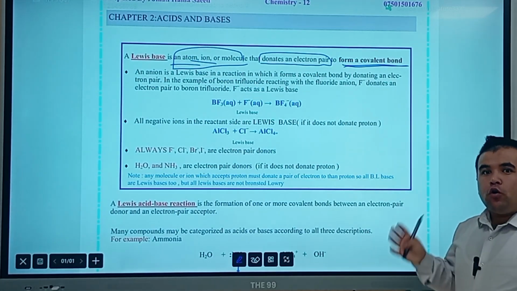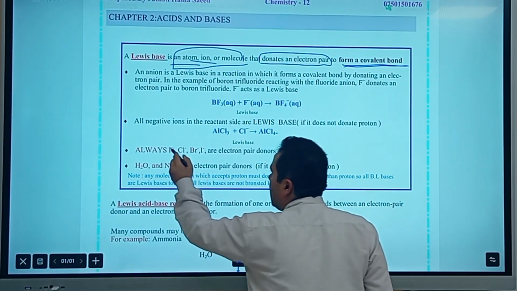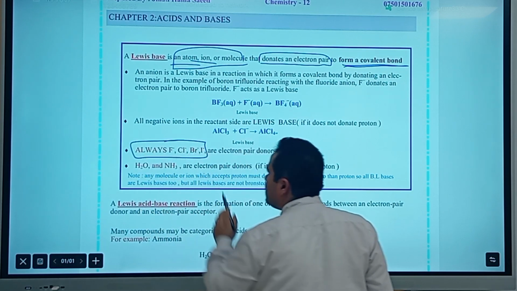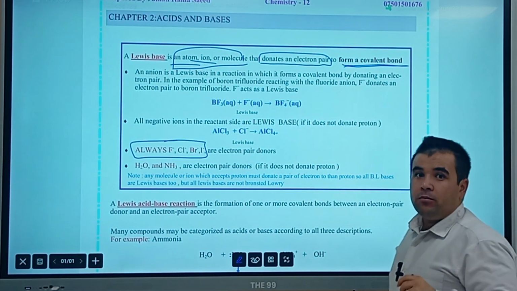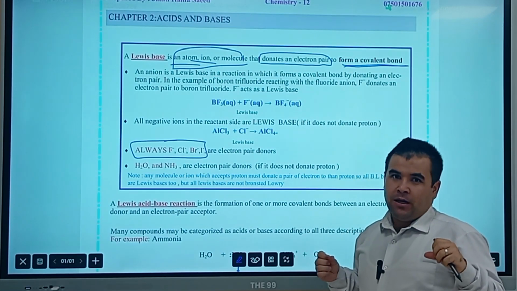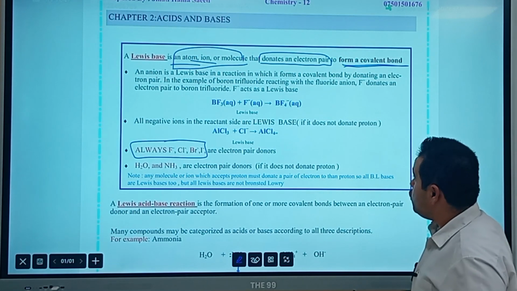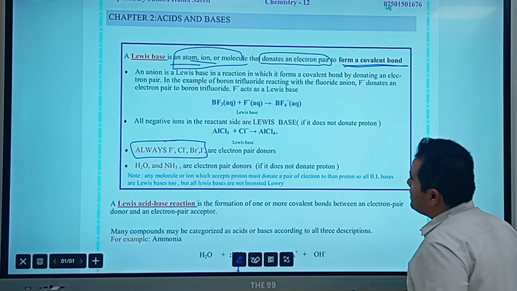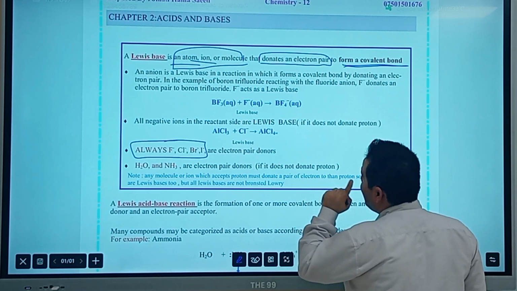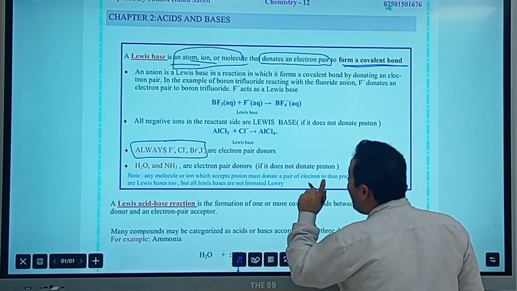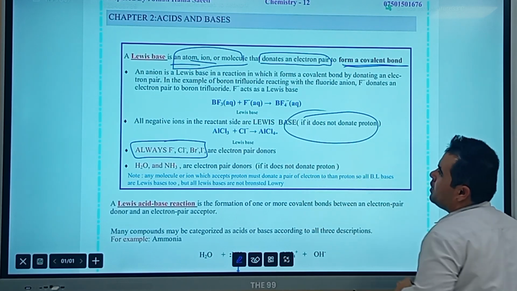The tip to recognize the Lewis bases: all the anions in the reactant are electron donors. Those electron donors can be classified as Lewis bases, but we have an exception, except if they donate protons.